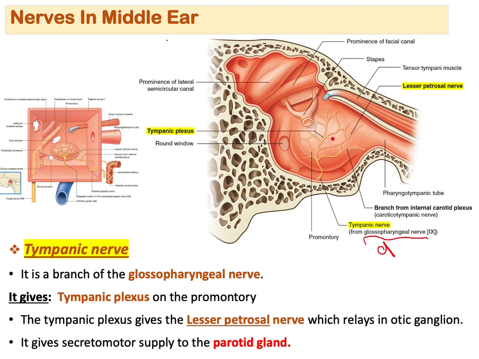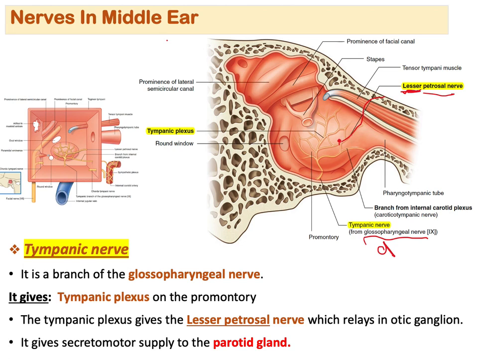Also, it supplies the mastoid cells and the auditory tube, and not just that, it also gives a branch. This branch is the lesser petrosal nerve. You remember that the middle ear is located in the petrous part of the temporal bone, which is easier to remember.